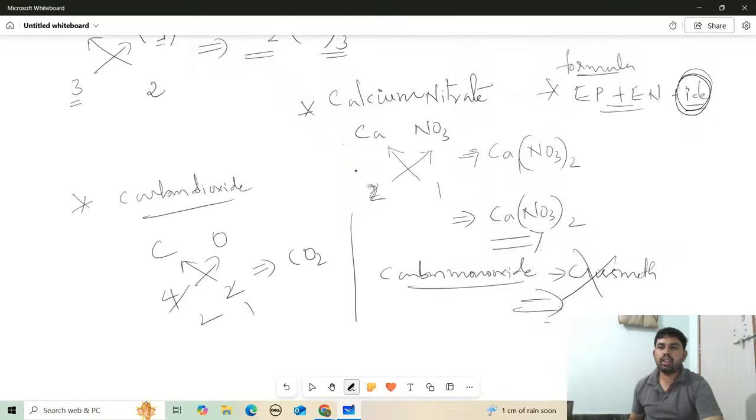But some compounds have other, trivial names. Generally we call them water and ammonia. Remember, there are different compounds where we are not following these rules.